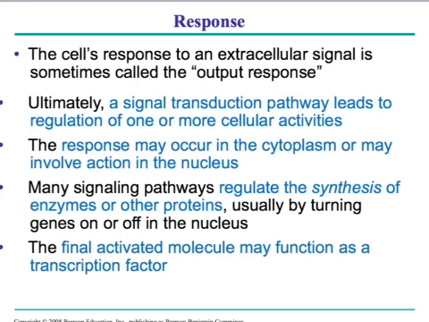We turn the genes off, we stop making that enzyme or that protein. And overall, especially for those hormones that are steroid in nature, they're going to result in a molecule that is going to be a transcription factor, something that is going to get a section of DNA to be made into a functioning protein.